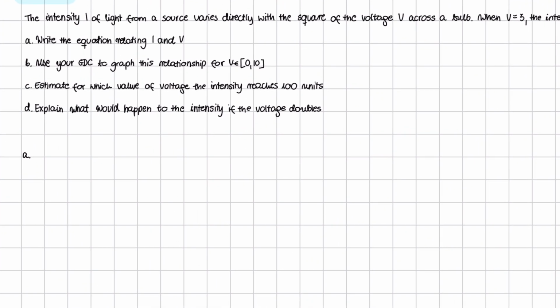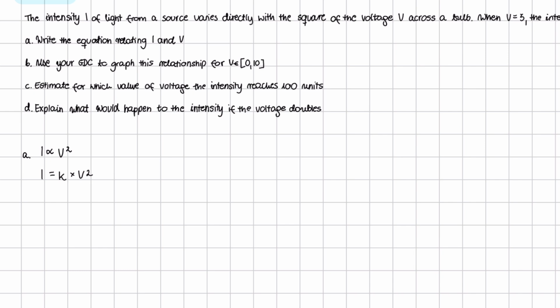by simply writing our direct relation, I and V, however, here squared. And now we can write I equals K, because we have to include our constant, times V squared.